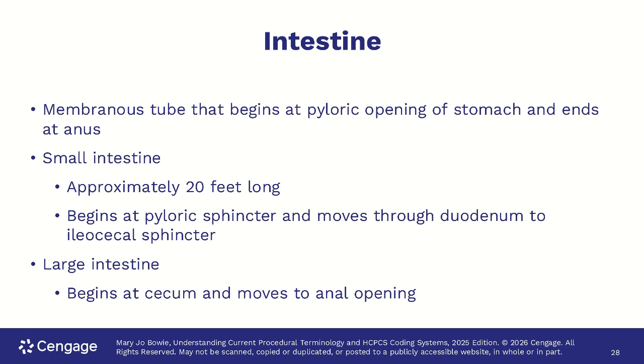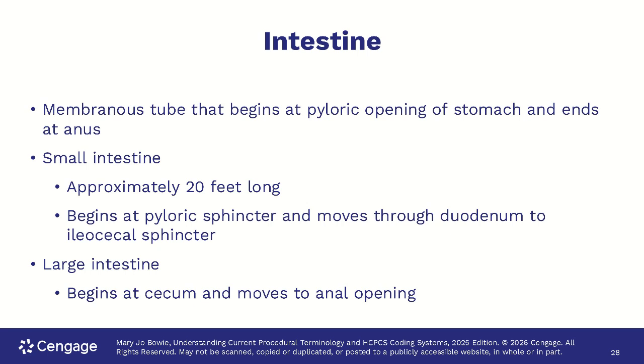The small intestine begins at the pyloric sphincter and moves through the DJI, that's how I remember them: duodenum, jejunum, and ileum, and the ileocecal sphincter. It's about 20 feet long and encompasses most of the abdominal cavity.